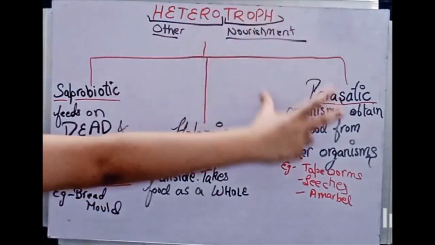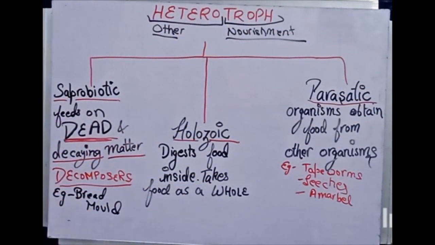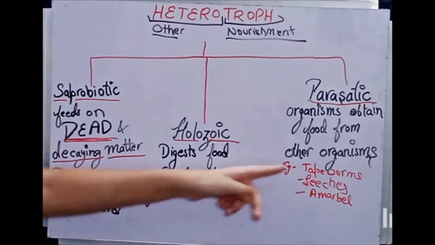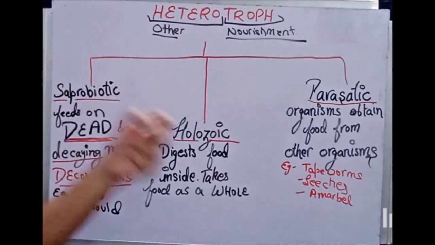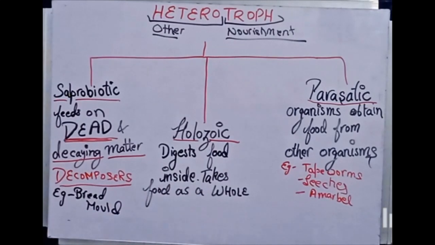And when the parasite lives inside the body of an organism to obtain its food, for example tapeworms, they live in the small intestine to obtain their food. Hence that kind of parasite is also known as endoparasite.